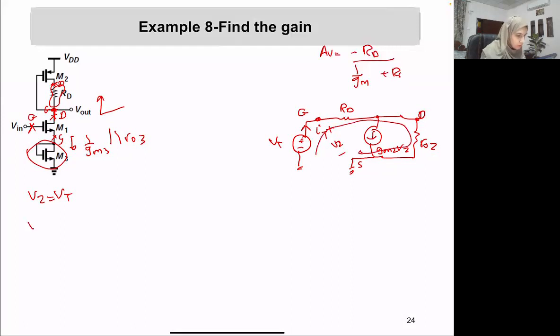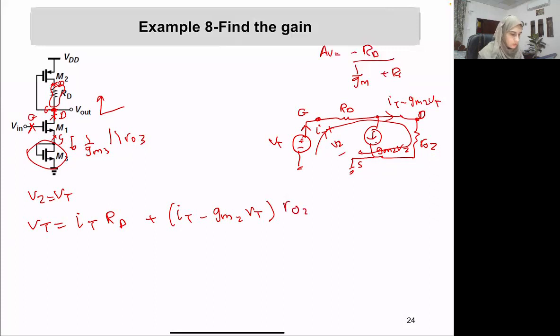So we have V test equals I test multiplied with RD plus I test minus GM2 times V test, because V test is equal to V2, and all of this, the subtraction current, this is I test minus GM2 V test, is the one flowing through R out 2.